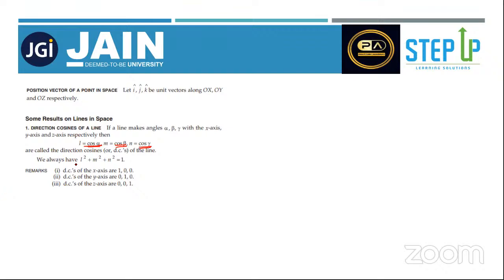What is direction cosine? These are called L, M, and N, the direction cosines. So L square plus M square plus N square is always equal to 1. This is a very important result.